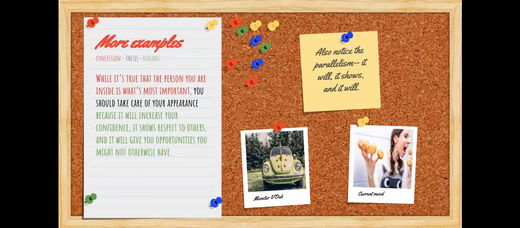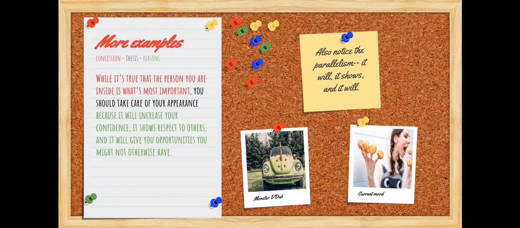While it's true that the person you are inside is what's most important, you should take care of your appearance because it will increase your confidence, it shows respect to others, and it will give you opportunities you might not otherwise have. You can see that the author starts with a concession. It is true that the person you are on the inside is what's most important, but then moves on to the topic and your opinion about it.